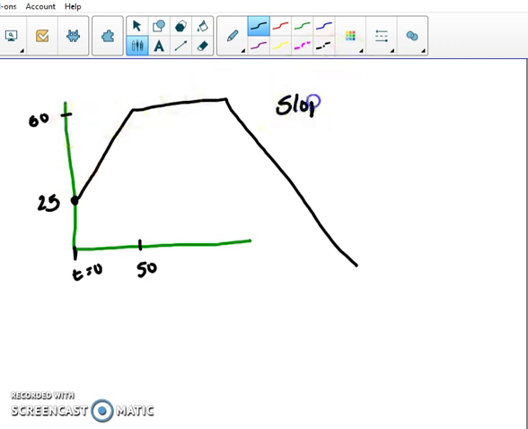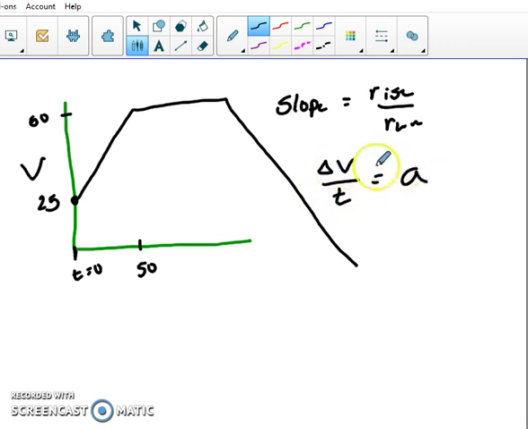So again, slope is rise over run. The rise is my velocity, so it's my change in velocity. So I'm changing from 25 to 50 in a certain amount of time. Well, this looks familiar. This is acceleration.